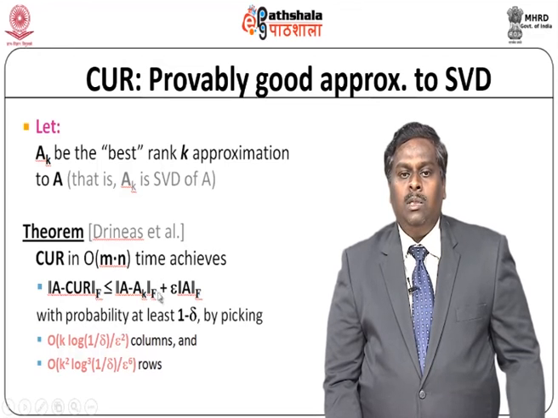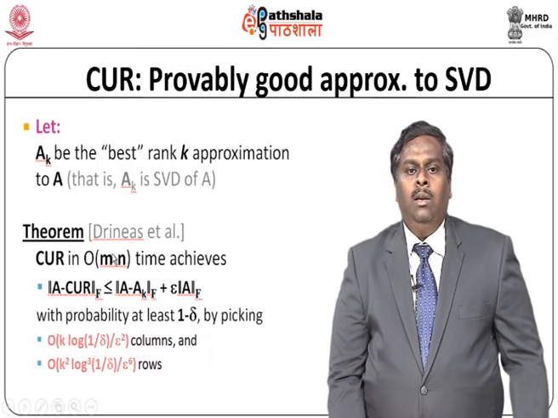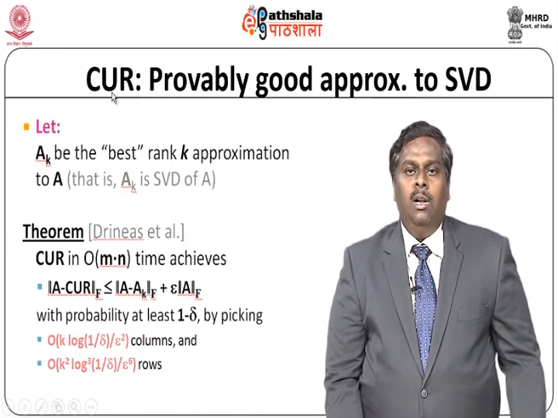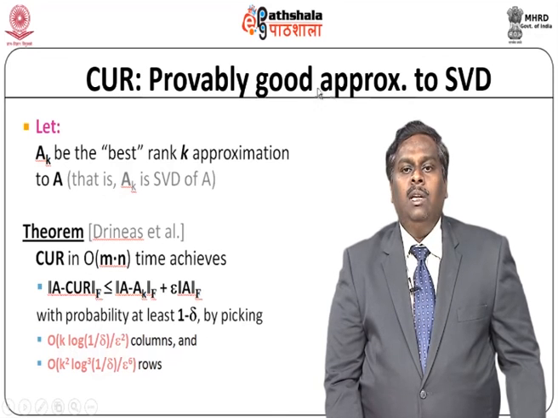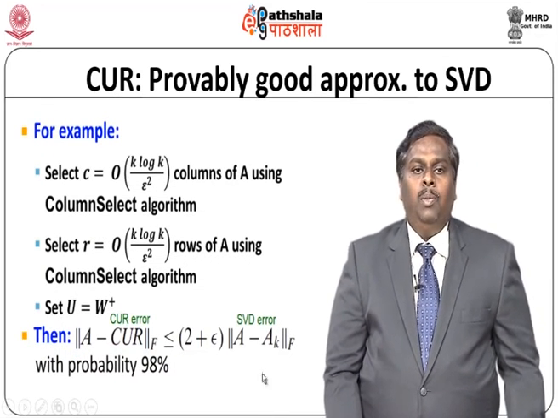So, we introduce a value epsilon highlighting the error. The theorem which is proven by Drineas et al. clearly indicates that the CUR dimensionality reduction technique outperforms the SVD technique. Let us understand this with an example.